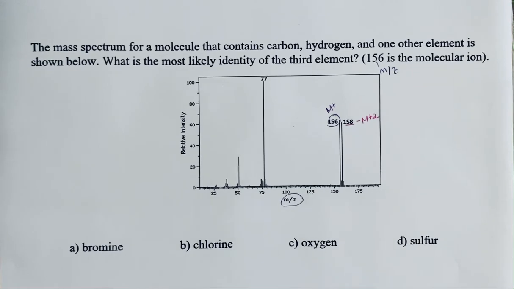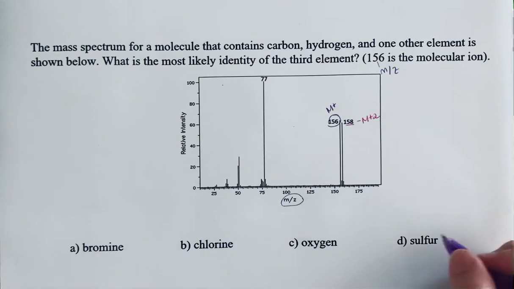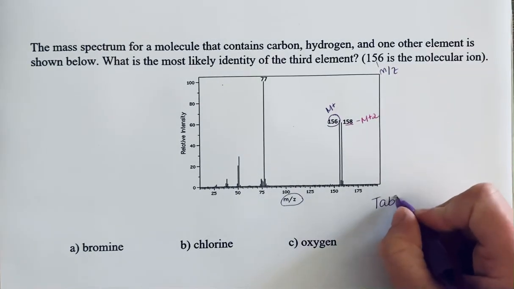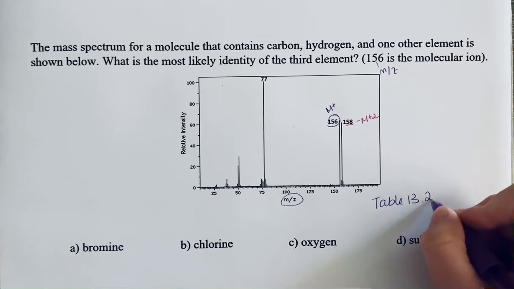So what we want to know is what are the major isotopes of these elements and approximately in what ratios do they occur. If you're looking in your textbook for this class, we can see the natural abundance of some isotopes in table 13.2.